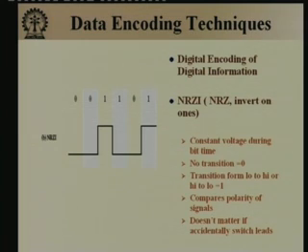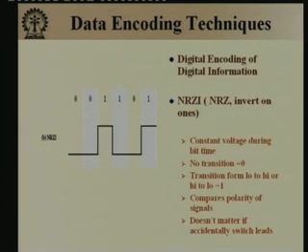But let us look at another variant of this non return to 0, which is called NRZI, that means non return to 0 and invert on ones. Once again we keep constant voltage during bit time, no transition represents a 0, and a transition from low to high or from high to low is a 1.